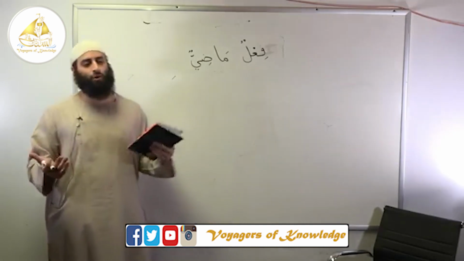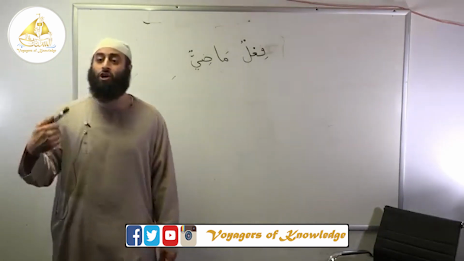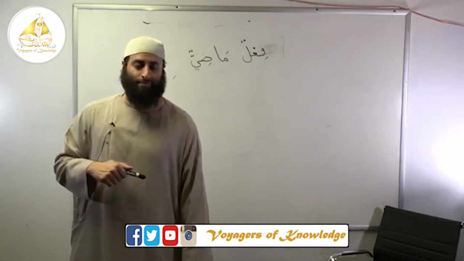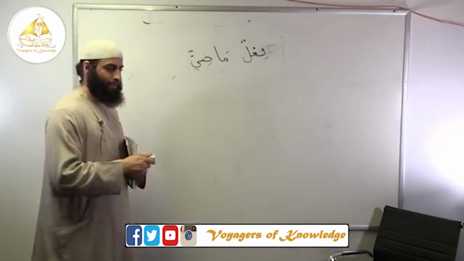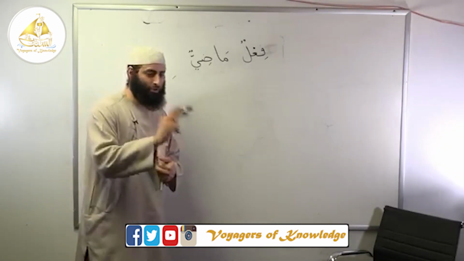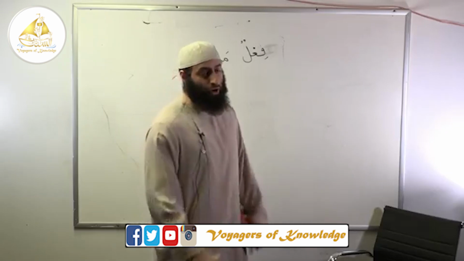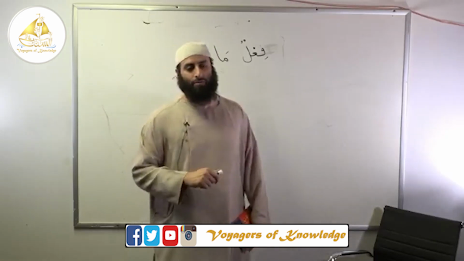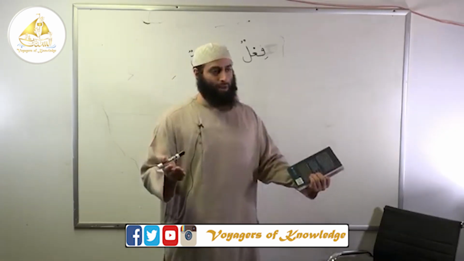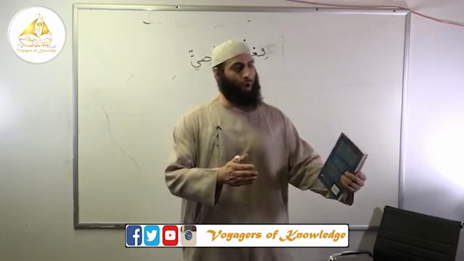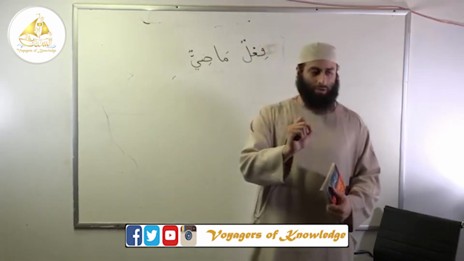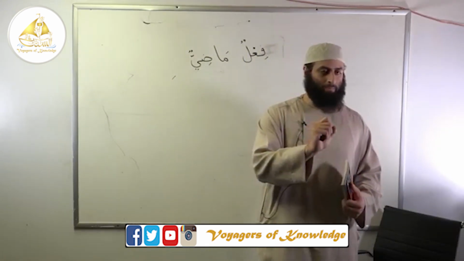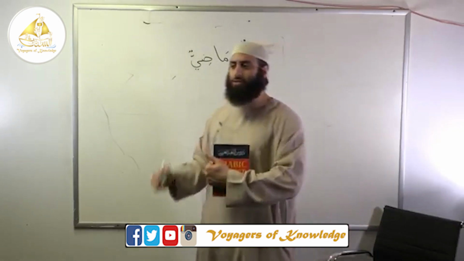Yes, because you can't say where did he went. You say where did he go. Aina dhahaba. So dhahaba means went or go. Aina is where, and dhahaba is went or go, depending on the context.